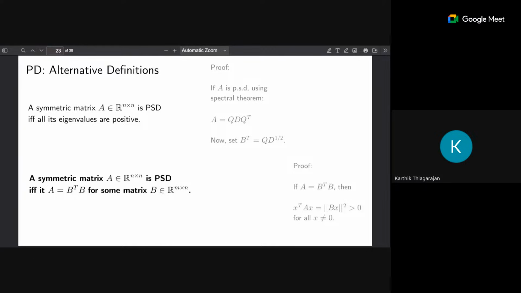In fact, there is all the more reason to be positive semi-definite because of the eigenvalues of the covariance matrix. What do they measure? The variance, right? The eigenvalues of the covariance matrix measure variance in the principal directions. Therefore, they have to be positive or non-negative. So once again you see that positive semi-definite makes an appearance there.